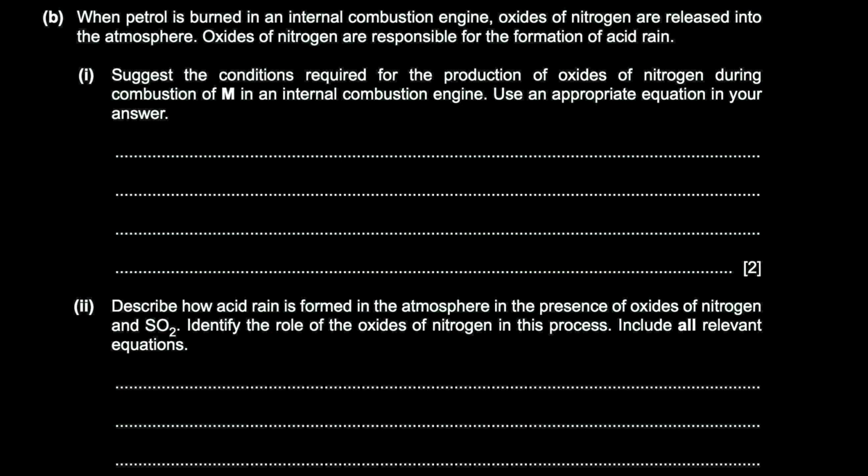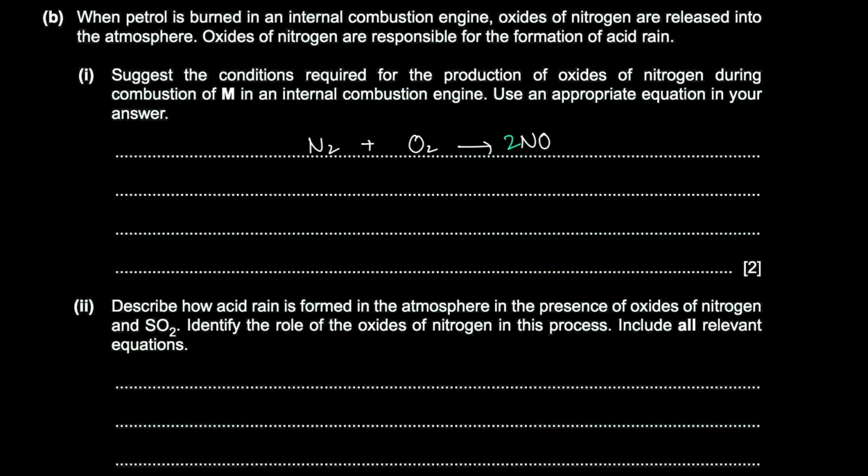Nitrogen gas will be present, and it will react with oxygen gas to produce oxides of nitrogen. You can have nitrogen dioxide or nitrogen monoxide. We'll just go with nitrogen monoxide here.